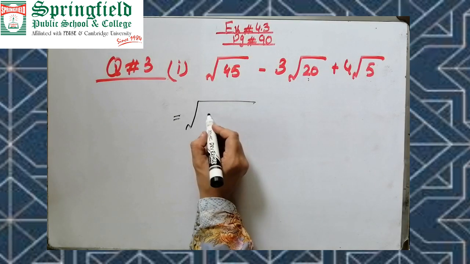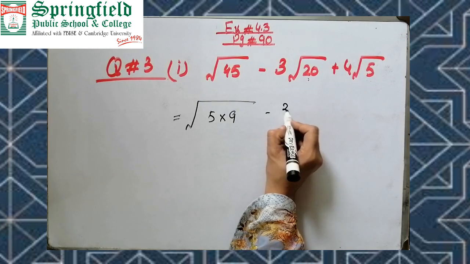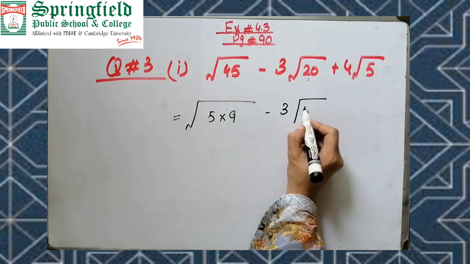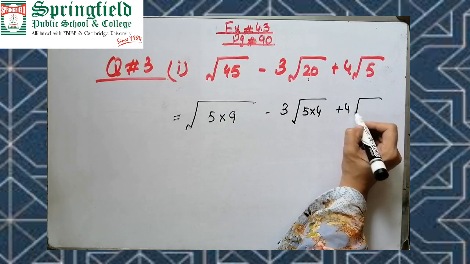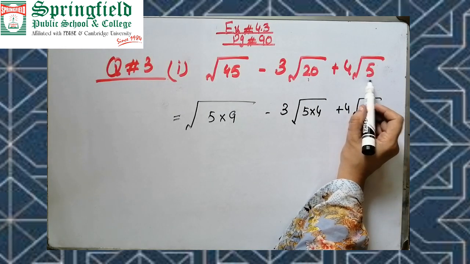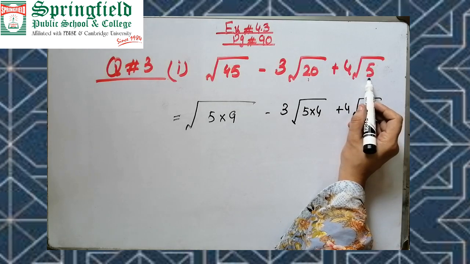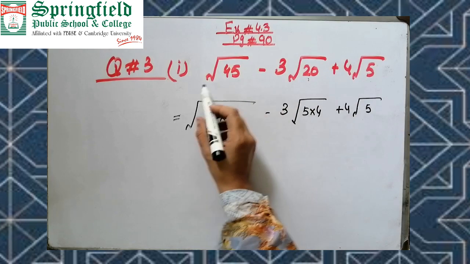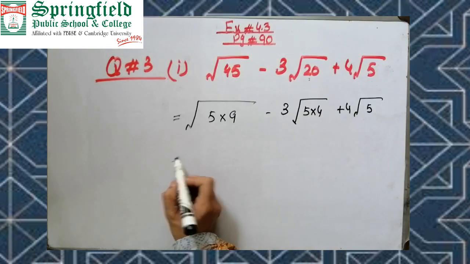So 45 can be written as 5 multiply 9. 5 9s are 45. 3 5 4s are 20, and then 4 root 5 remains. As the last number is under root 5, it means we will try to make under root 5 here.